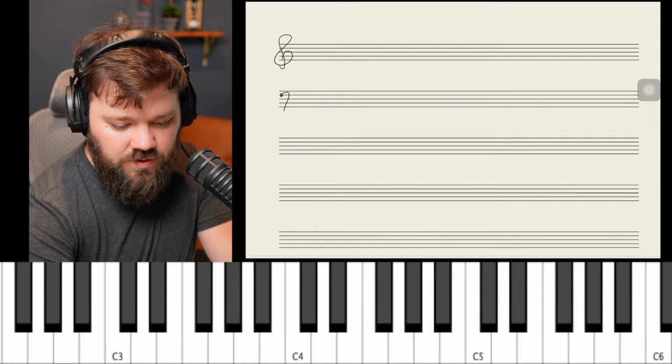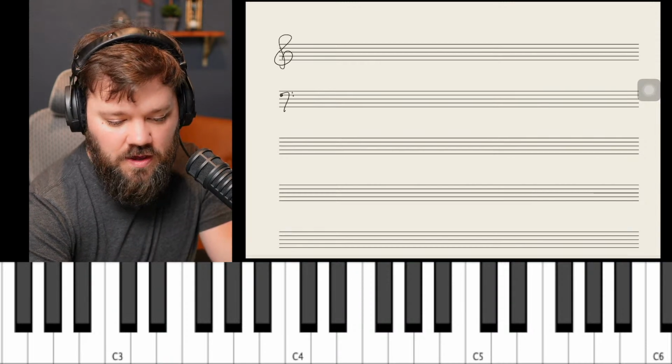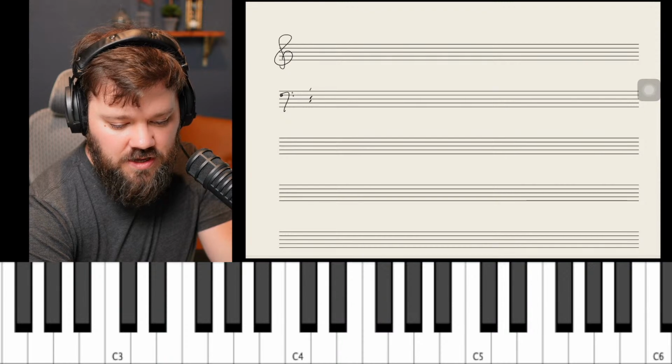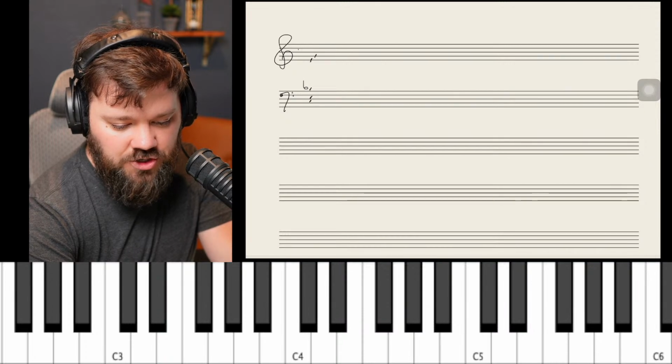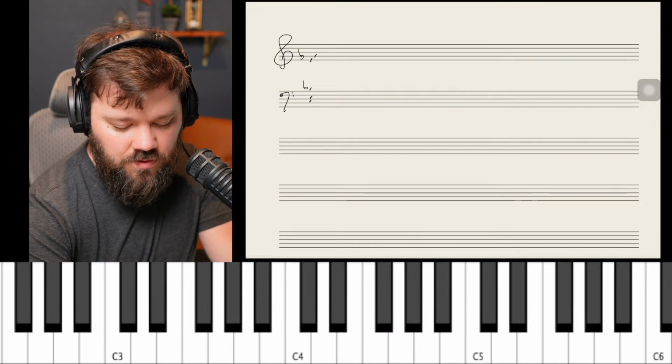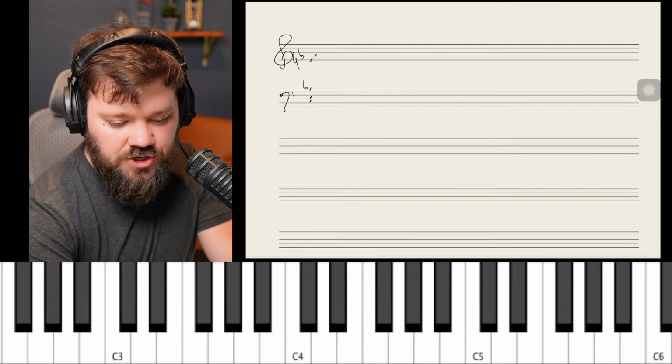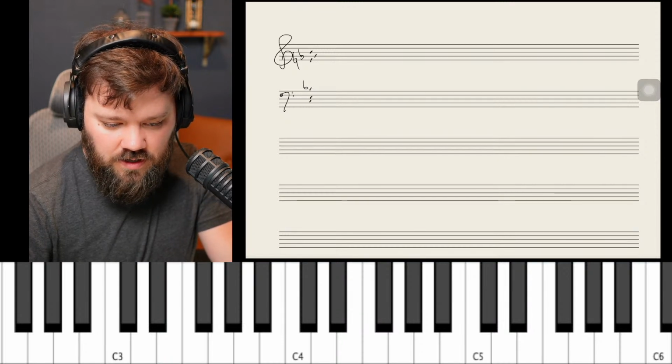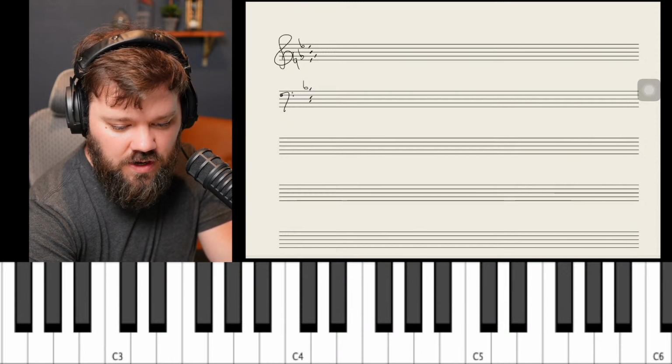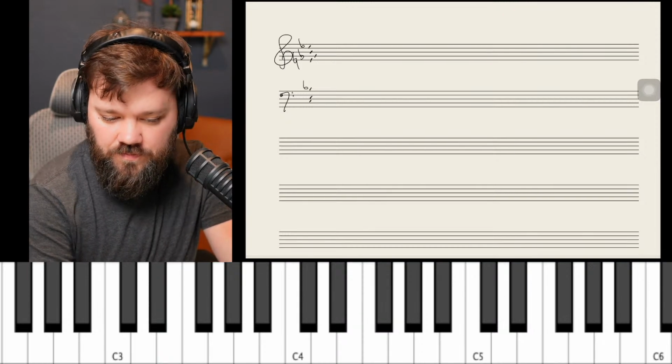If I have a C, E, B flat, and then I have an E, and then I'm going to make this a G flat, not an F sharp. So I have an E natural, and then I have a G flat, B flat. And I guess I'll leave that one out, and an E flat on top.